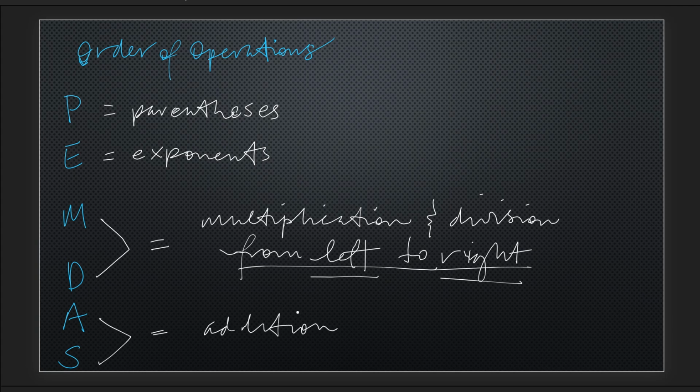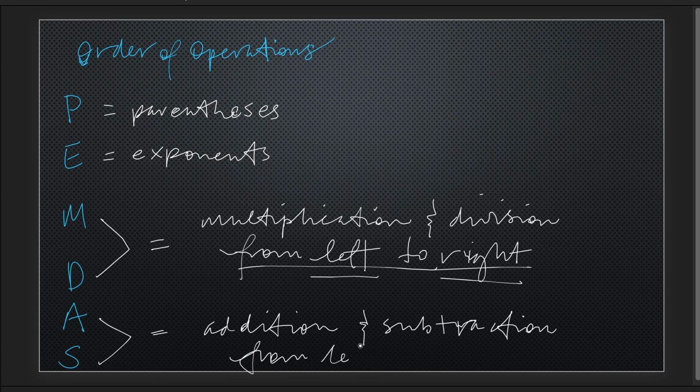So we do the multiplication and division before addition and subtraction. But once we get to the addition and subtraction, you do that from left to right as well. So addition's not always first. Okay? So sometimes subtraction will be first.